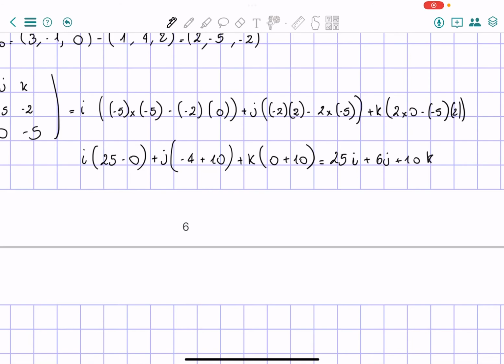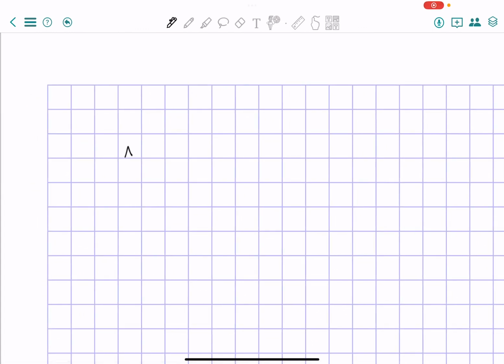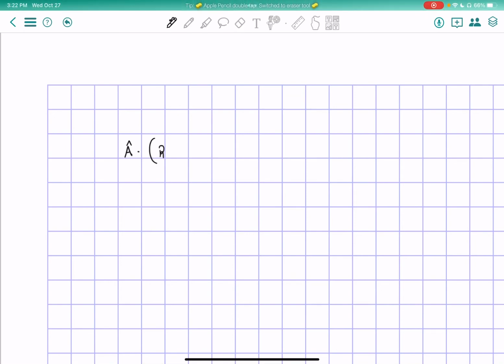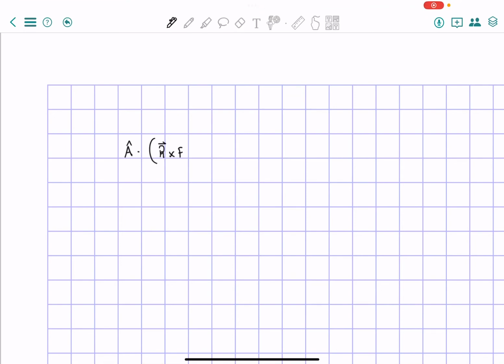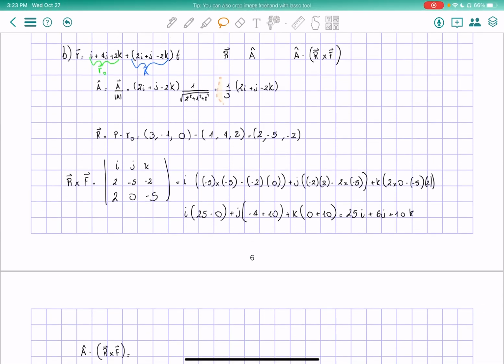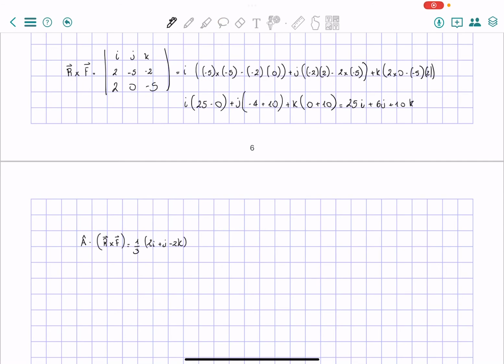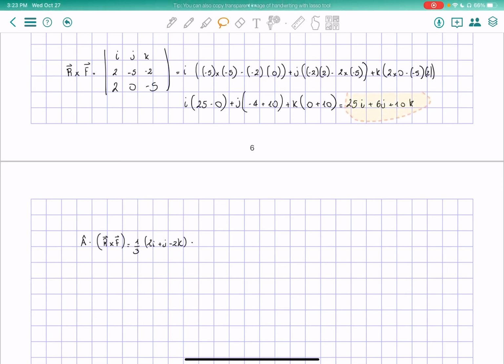Now we have to multiply everything by the A hat, dotted with R cross F. Our A hat is equal to what we found earlier, so copy it and paste it, and then times this vector right here, copy and paste.